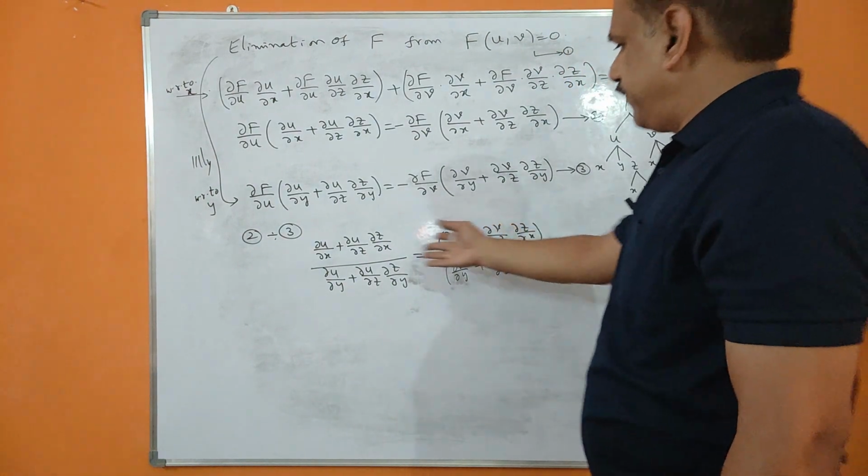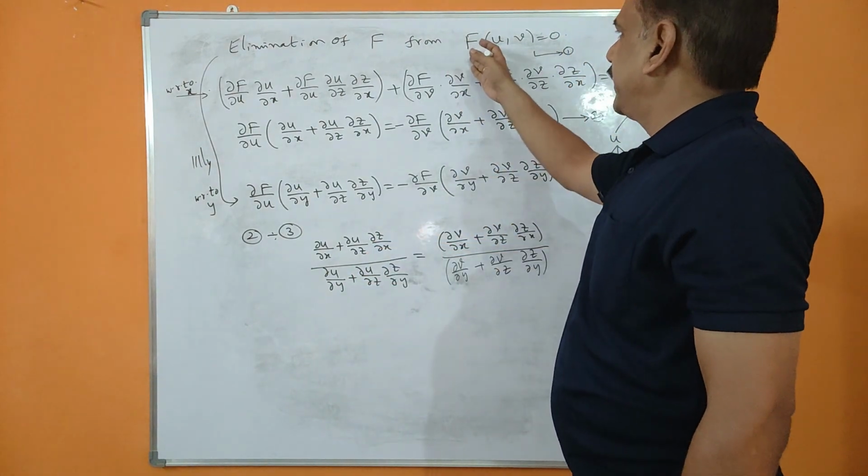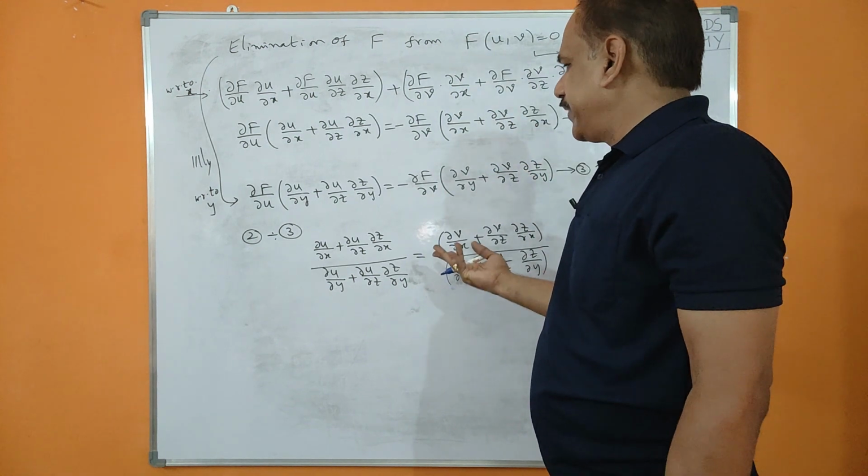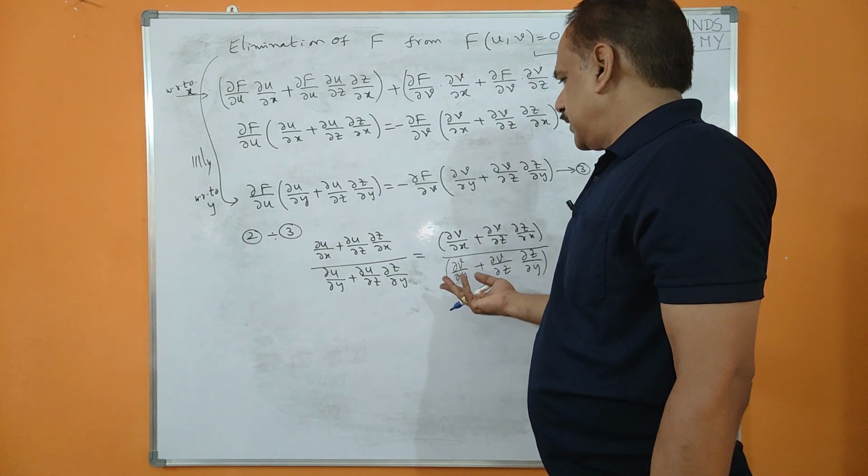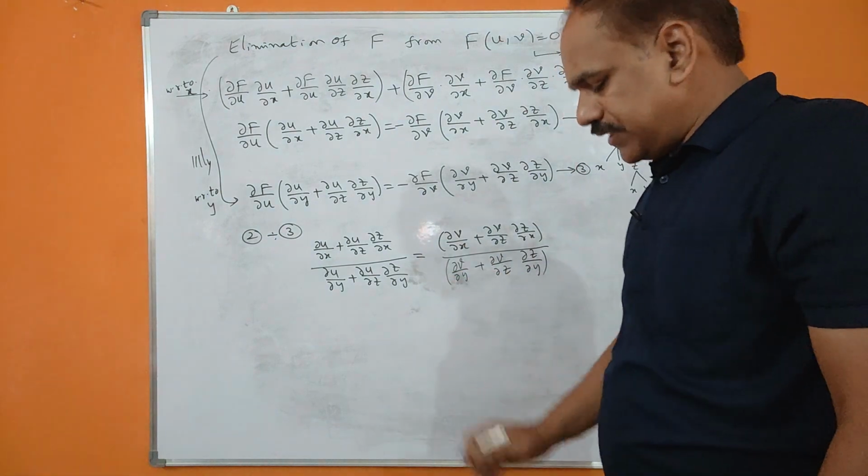So there is no capital F in this, so we have successfully eliminated capital F. The arbitrary function F we eliminated, and you simplify this, you will get the answer.